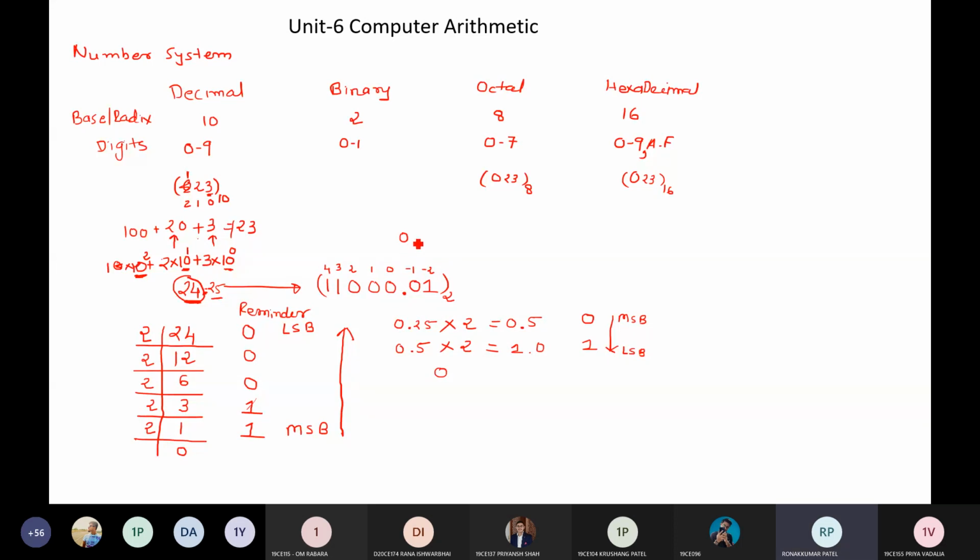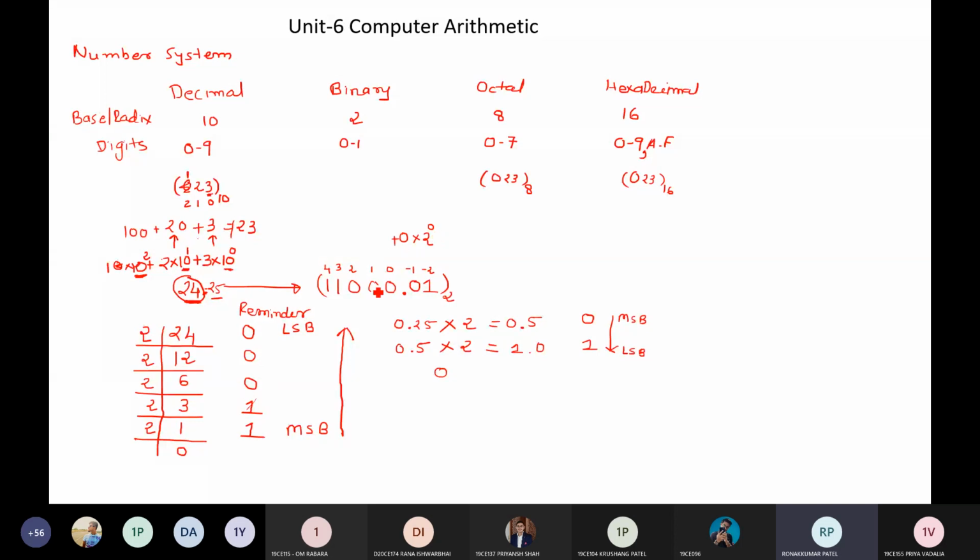So take that digit 0, multiply by the base. Base is 2 raised to position 0.